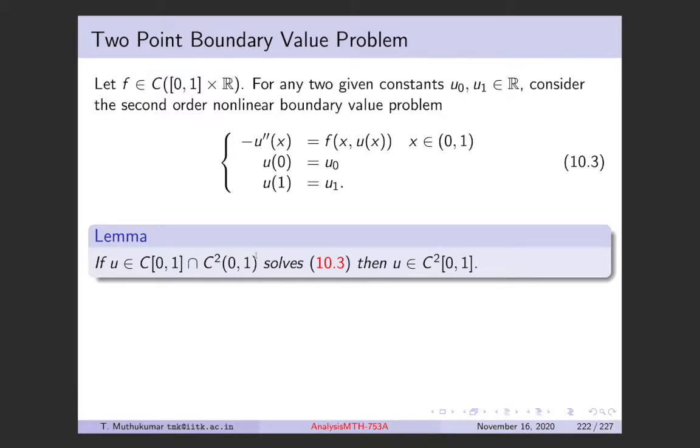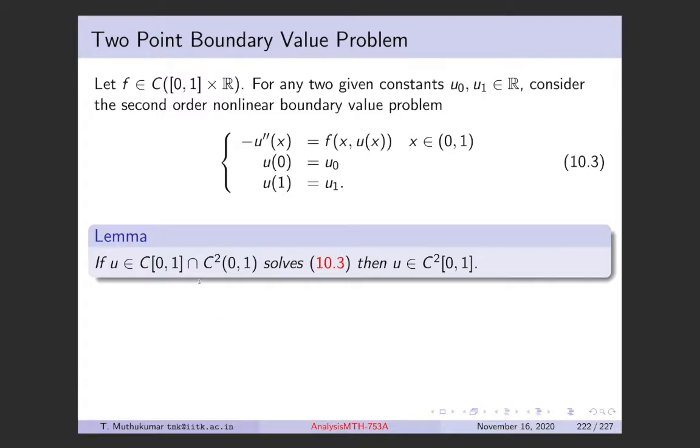So it has to be C2 of (0, 1). And what this intersection notation means, when you say u belongs to this intersection, is that u is twice differentiable in the interior and the function can be continuously extended to the endpoints, so that this boundary condition makes sense.